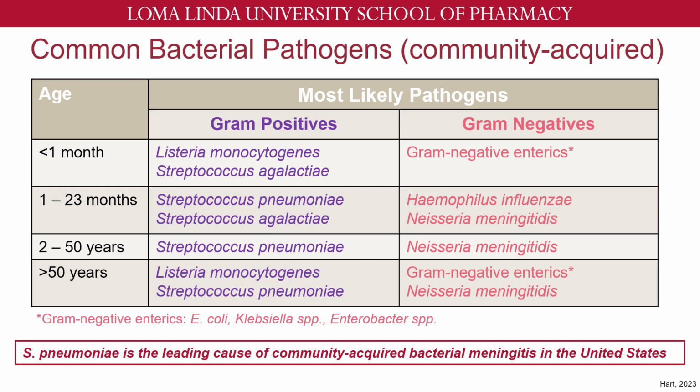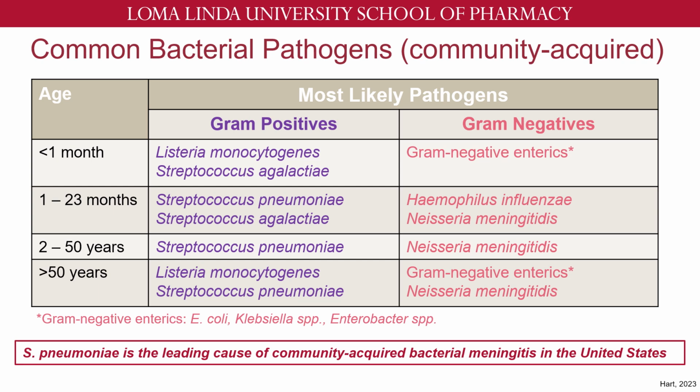So when we look at a patient who we think has bacterial meningitis, their age actually plays an important factor because depending on where they are in life, that can help you decide what sort of empiric regimen you need because we have seen these bacteria be more commonly associated in certain age groups.